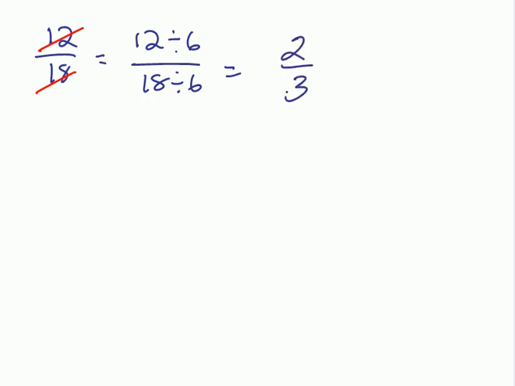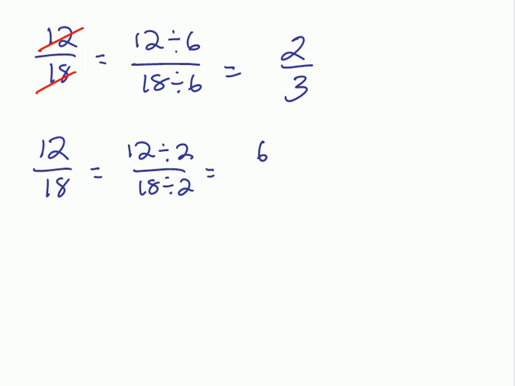Let me show you another way to take a look at this. You don't have to start with the greatest common factor, in other words, the biggest number that goes into both of those. If you look at 12 and 18, you may say, I know that 2 goes into both of those, so I'm going to take 12 divided by 2 and 18 divided by 2, and we would get 6/9.